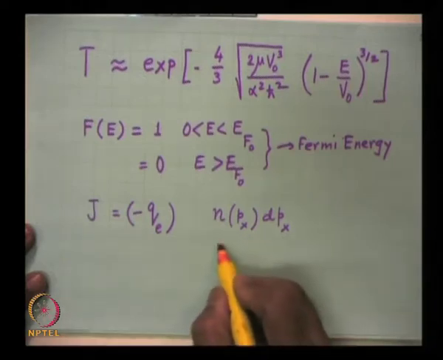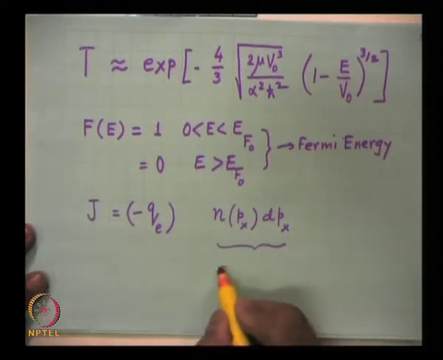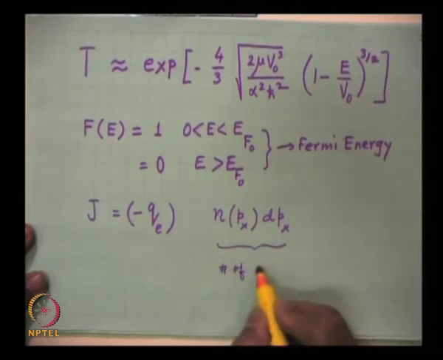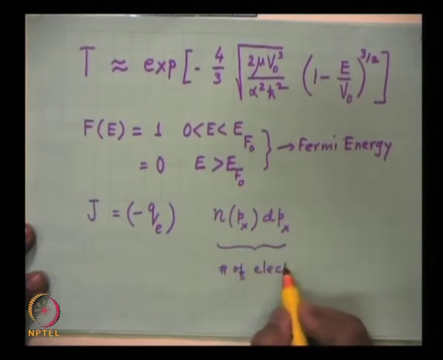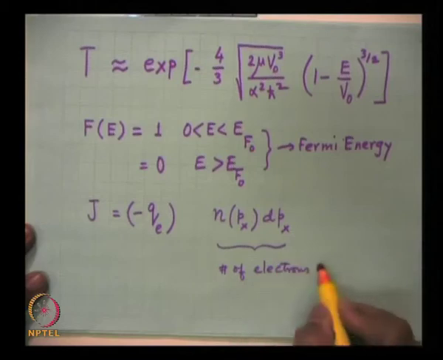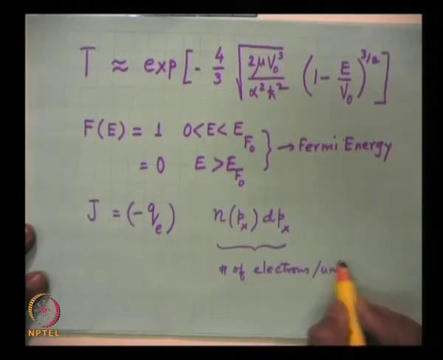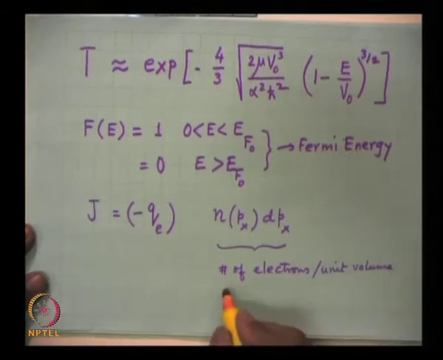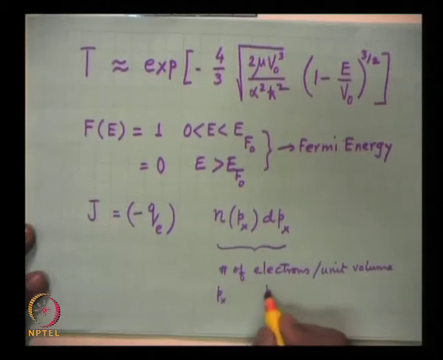So, this is the number of electrons per unit volume whose p x lies between p x and p x plus d p x.